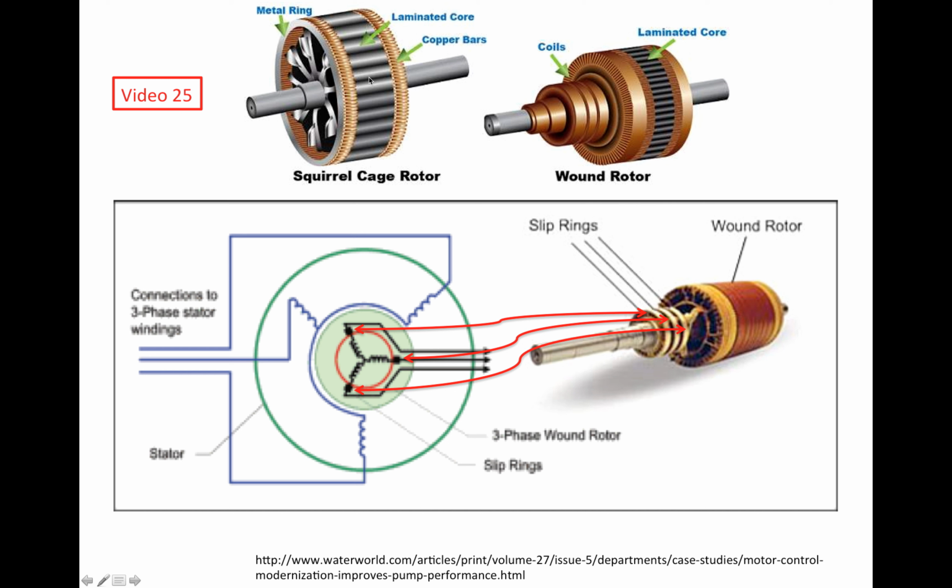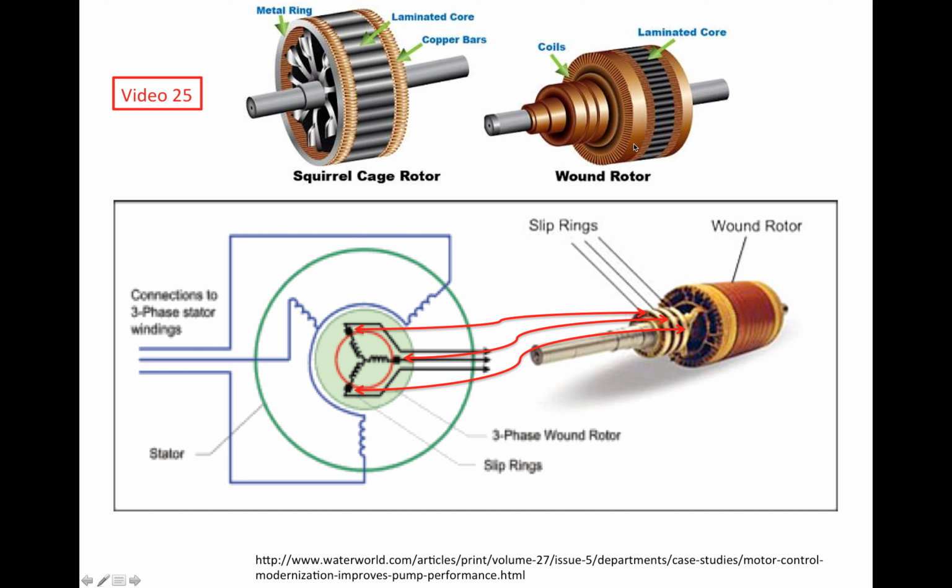And then we also have a wound-rotor induction machine, which has extensive wiring on the rotor. The stator on both kinds of induction machine is pretty much the same. The major differences are just on the rotor.